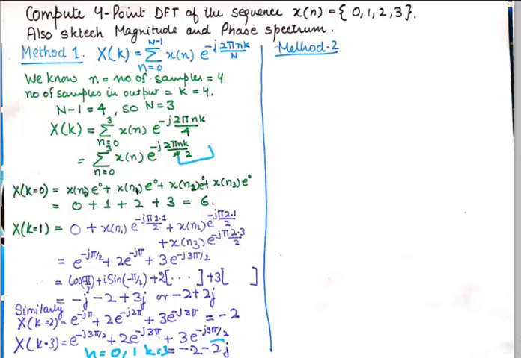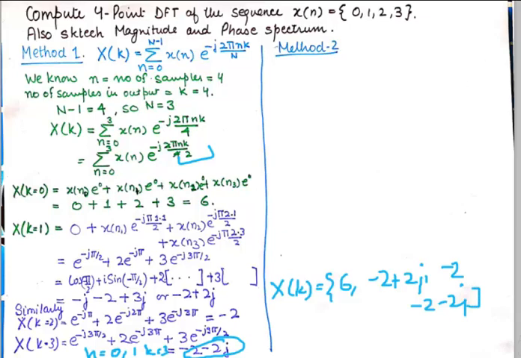You'll get the answer as minus 2 minus 2j. So all in all, you get all the values of x of k, the first one being 6, the second one being minus 2 plus 2j, the third one being minus 2, and the last one being minus 2 minus 2j.